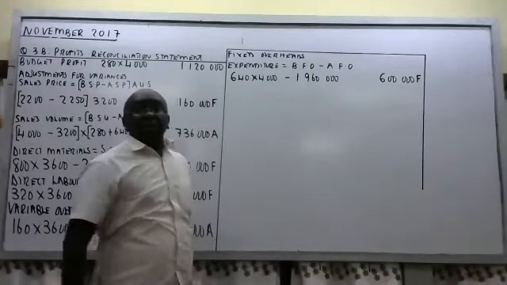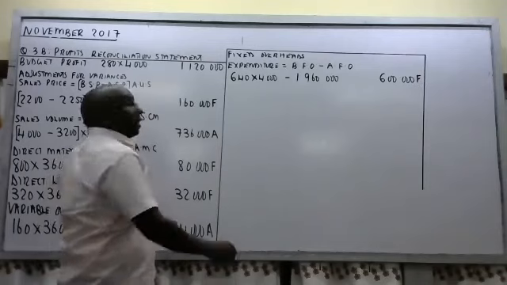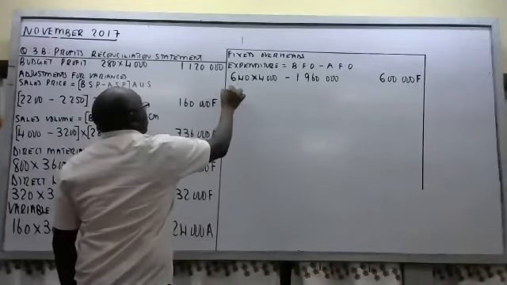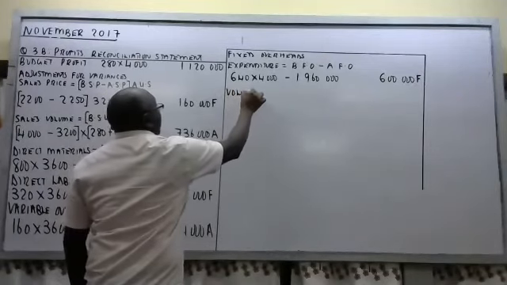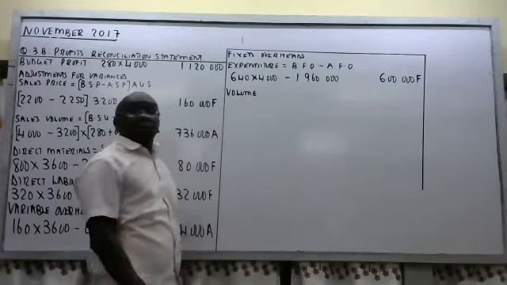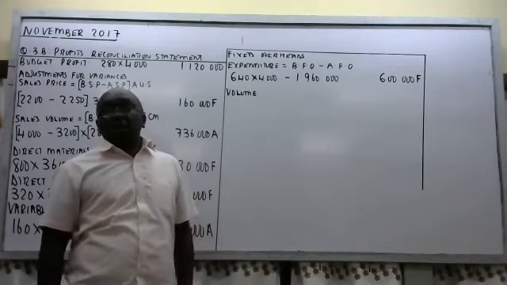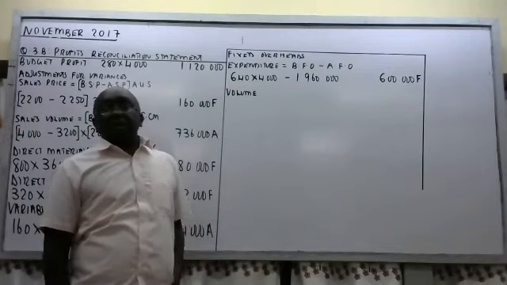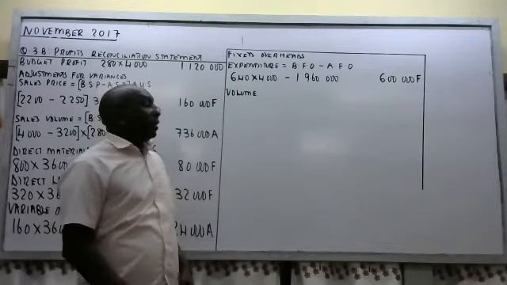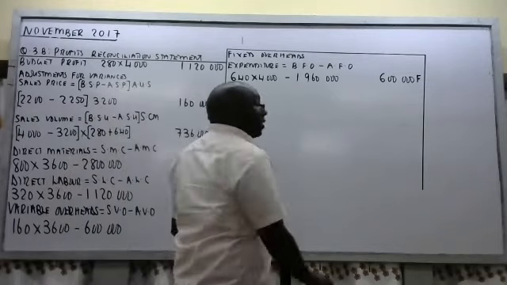Now the next one is called volume. And I told you, volume, you only bring it if there are stocks. If you have either closing stock or opening stock or both, that is the only time you bring this one. So in this case, we have stocks.